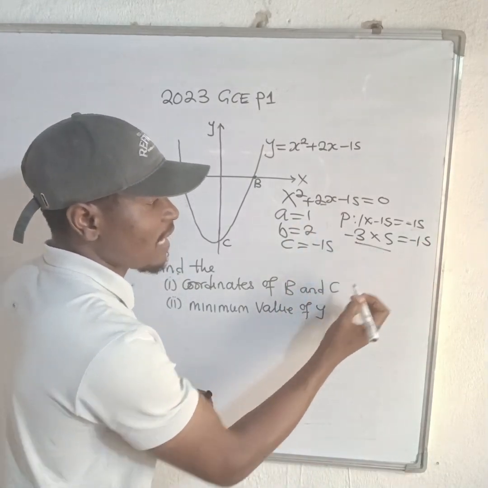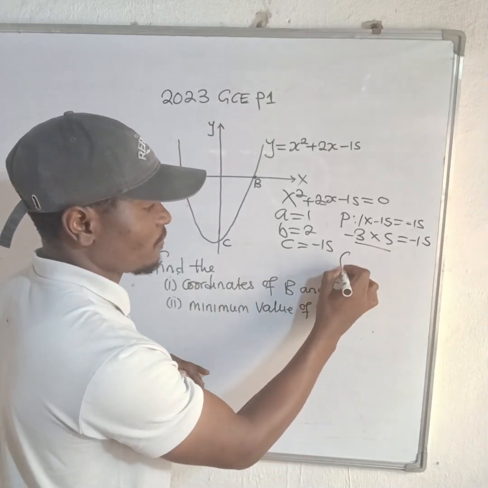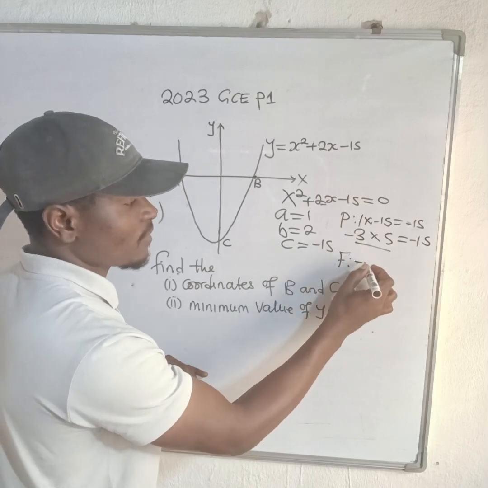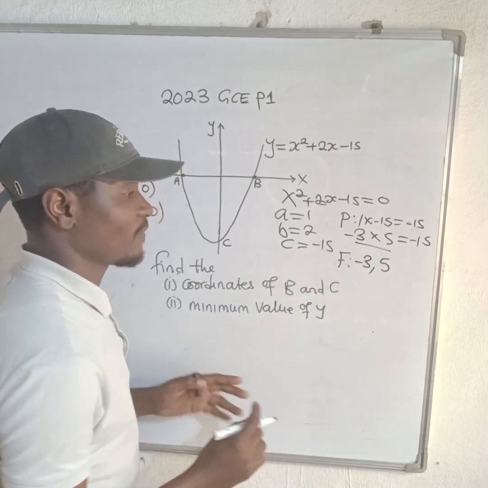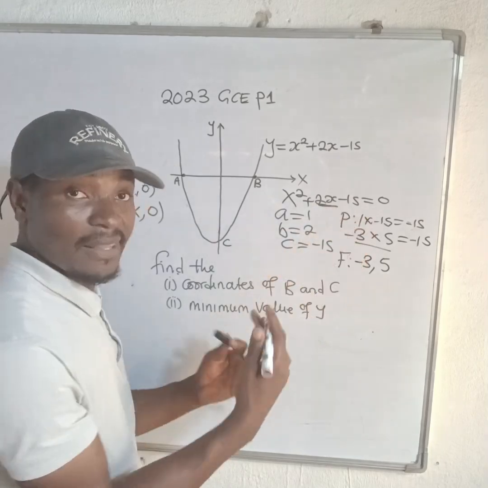So these are what we call the factors: negative 3 and 5. These are the two numbers that you are going to replace there.